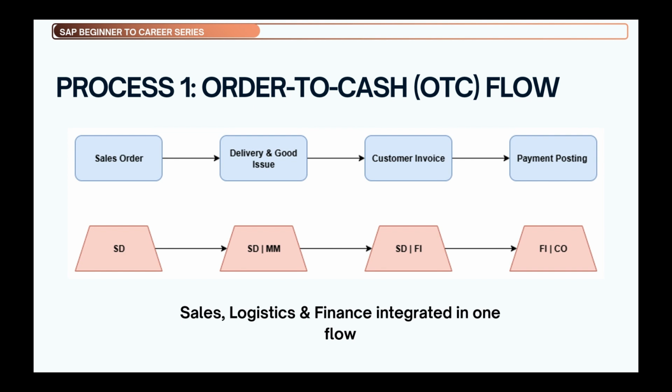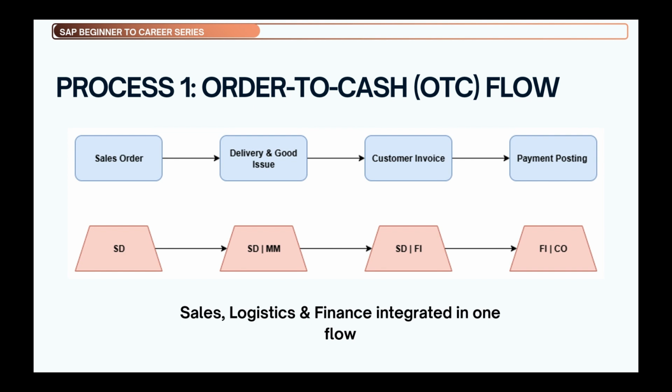As you can see in this order to cash process, we have four main transactions, and to perform those four main transactions, we need integration between four different modules: sales and distribution, material management, finance, and controlling.